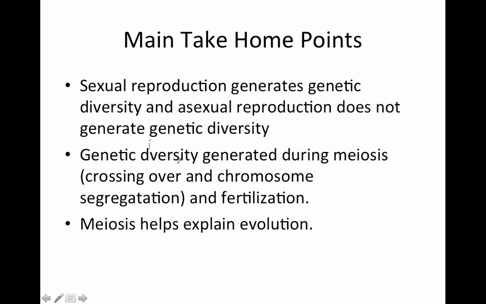The second point is that when we're thinking about this genetic diversity, I misspelled it, but there is an I here I put above it, we know that this genetic diversity is generated during meiosis, these two steps here, crossing over and chromosome segregation, and during fertilization. The last take-home point, and this is a pretty big one, is that meiosis helps us understand, it helps us explain some of the central parts of evolution.